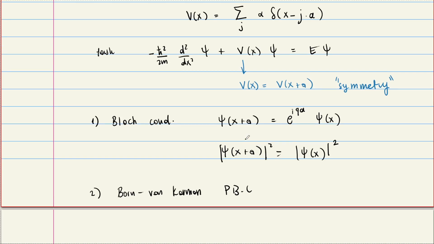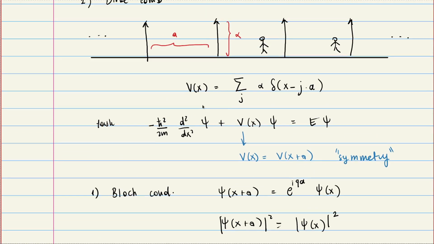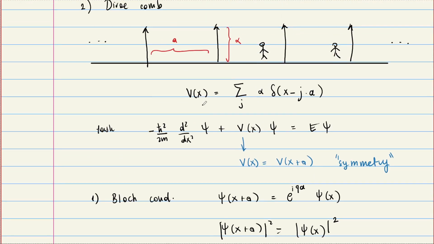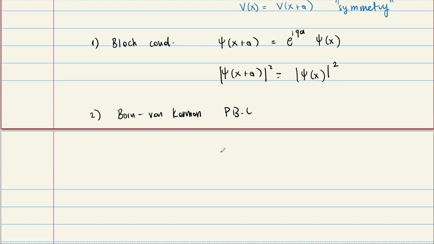So we want to make it easier for ourselves, and what this means is, if you translate n times, at some point the solid is finite, right? At some point you are going to reach the boundary of the solid in your hand, and what this boundary condition says is, suppose as you reach the end, you kind of wrap back to yourself, right? So that's kind of like the periodic boundary conditions we used before.